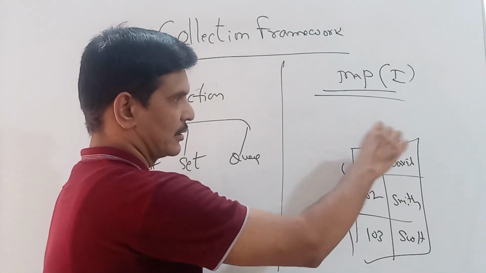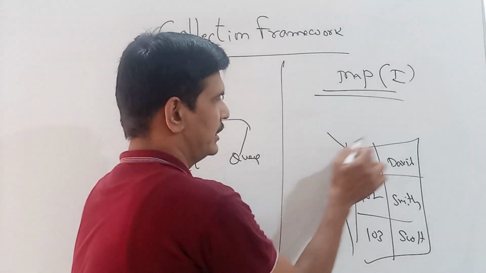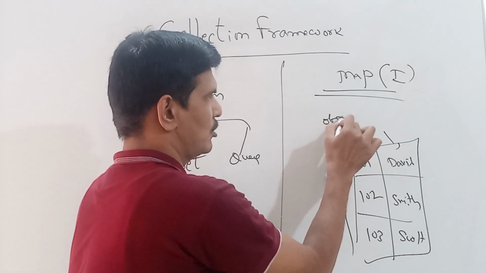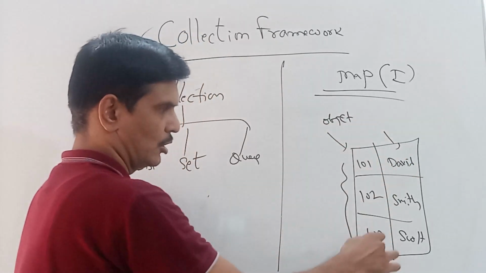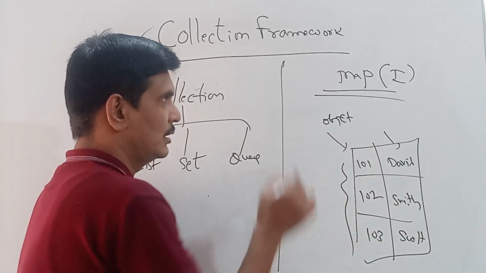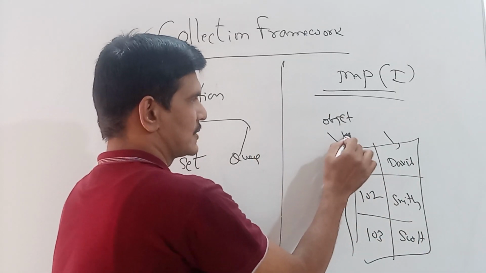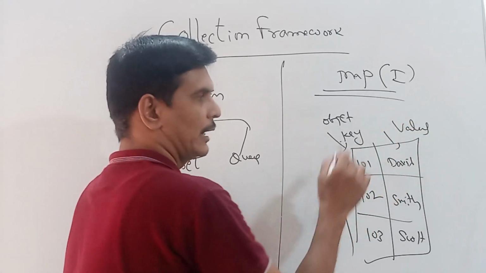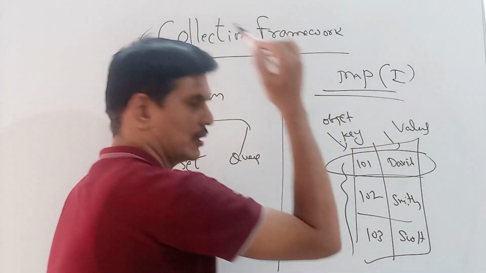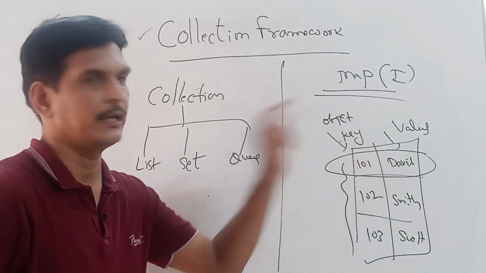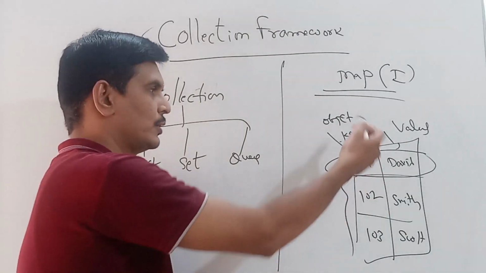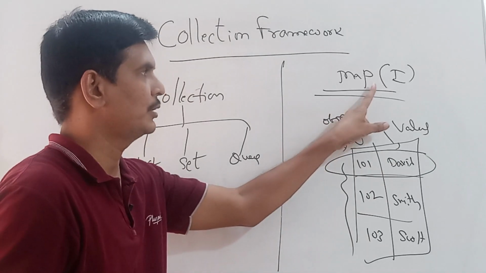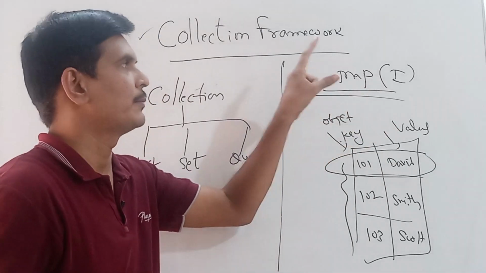If I look at this kind of data, every element is an object. These are all objects, and the names are also objects. In map we call them keys, and these are the values. This combination is called a key and value pair. If you want to store this kind of data, we will go for the map interface.